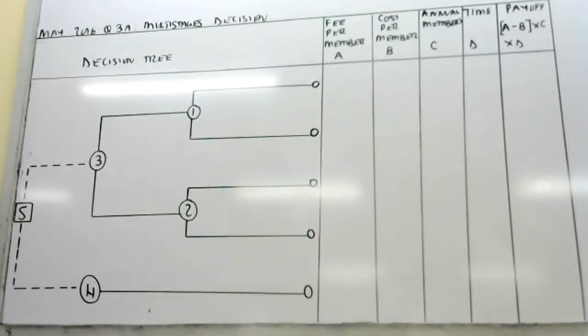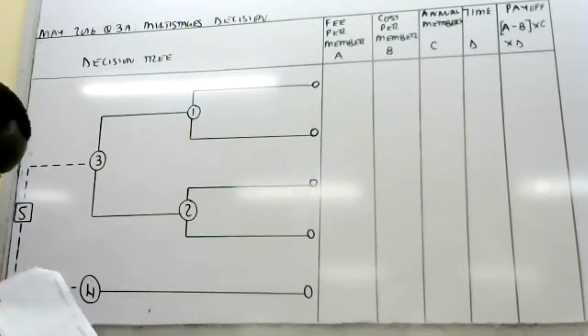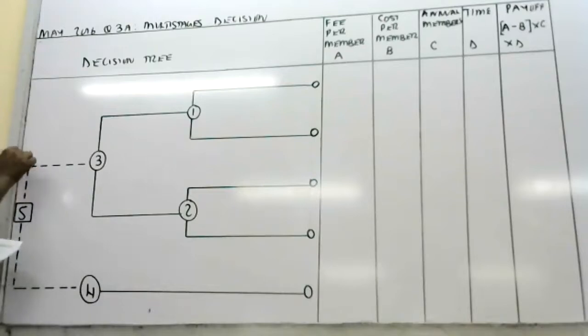So if we are okay with that, let us record now. The recordings are here. We are talking of upgrade. And when you upgrade, according to option 2, the cost will be 18 million.